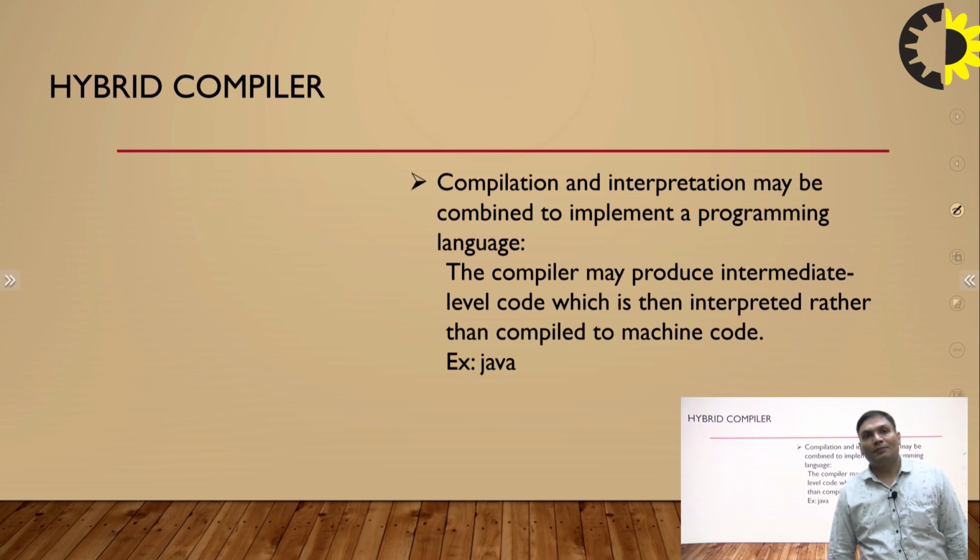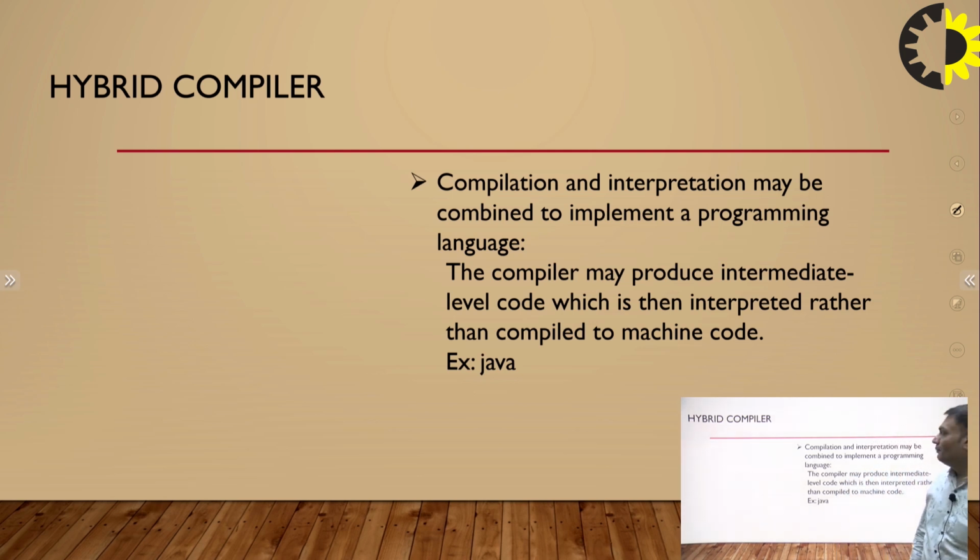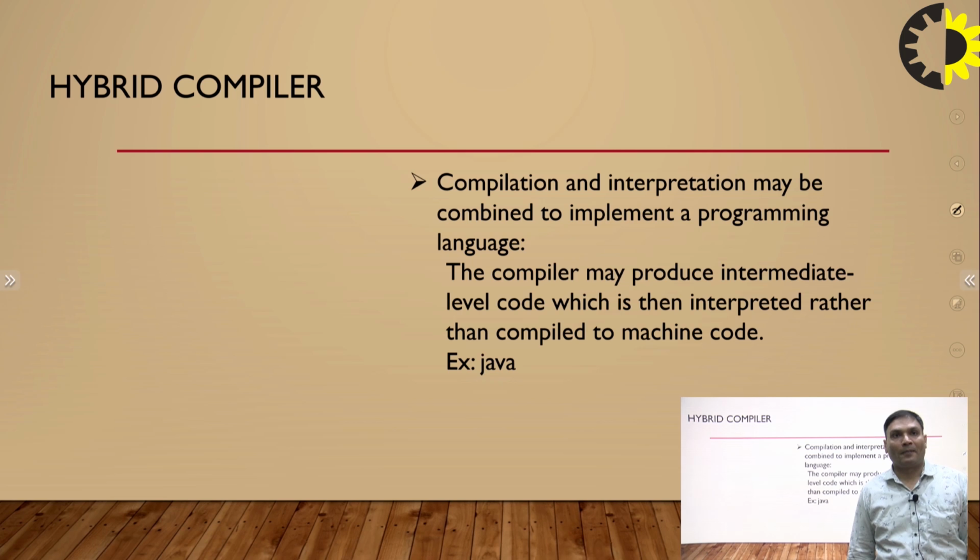Now, there are some compilers that are a kind of hybrid compiler. Hybrid compilers are the compilers that are a combination of both compiler and interpreter. The compiler may produce intermediate level code which is then further interpreted using the interpreter and then compiled to the machine level language code, for example Java. So, Java is a programming language that uses both kinds of translator, compiler as well as interpreter.